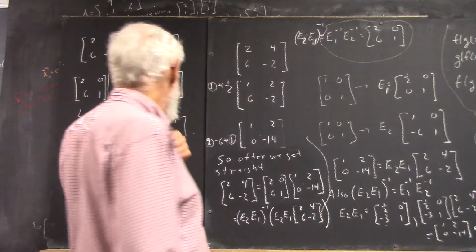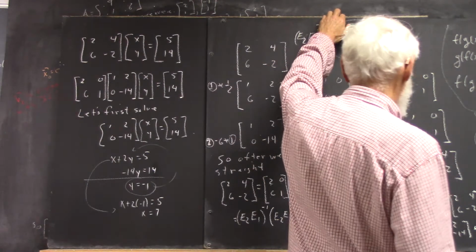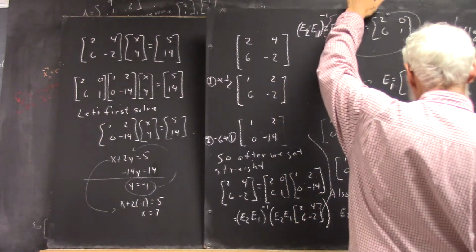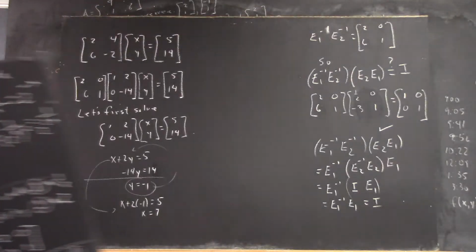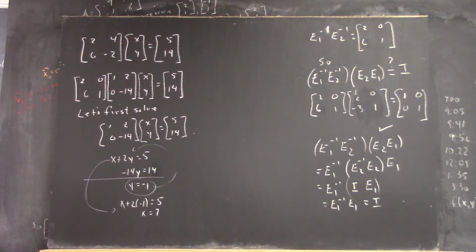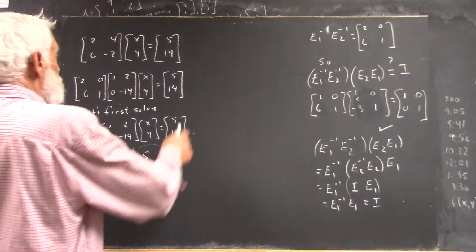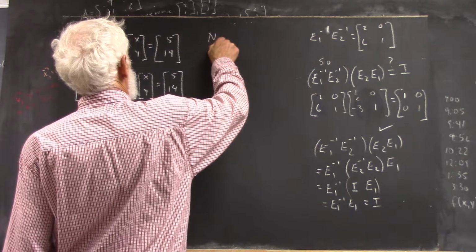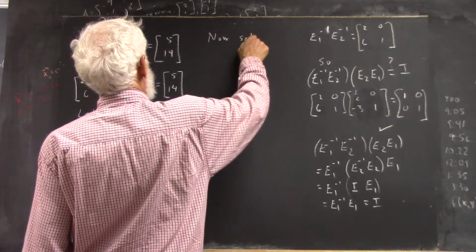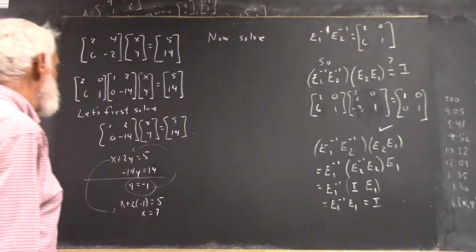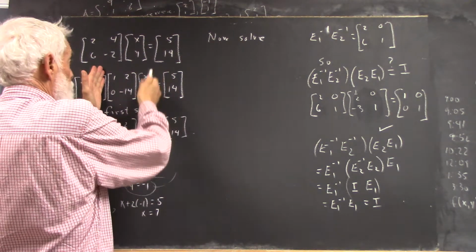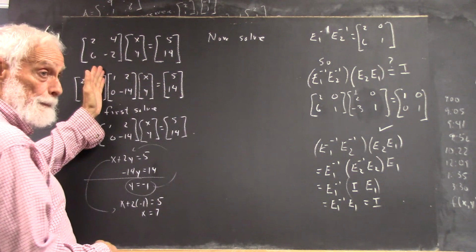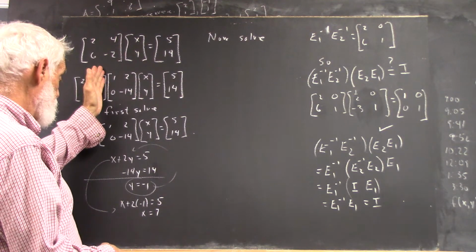Okay, well, now we've got that solution. What do we do now? I think we can get rid of this. Well, now, the solution to this is xy equals 7, 5, sorry.